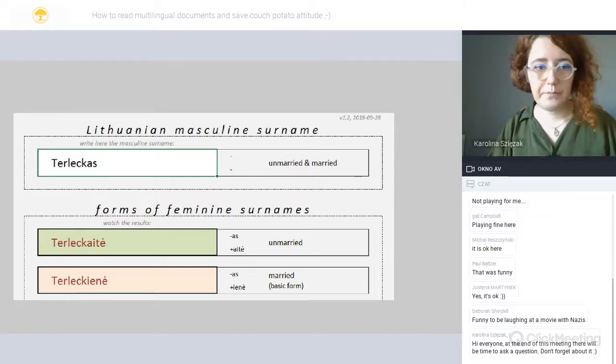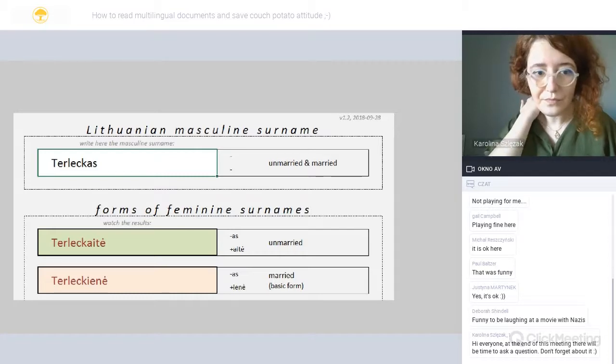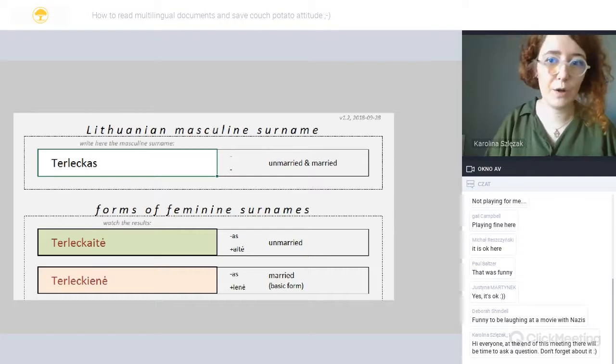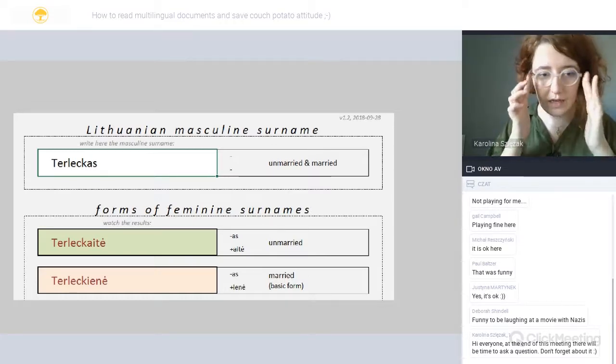So this is again a way we can get some information just by looking at the word.